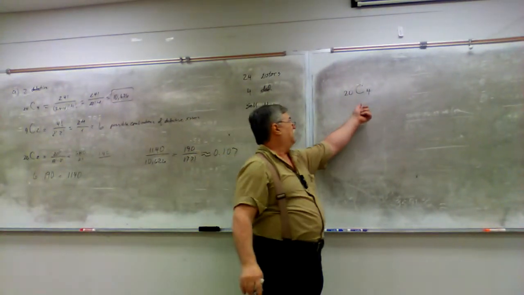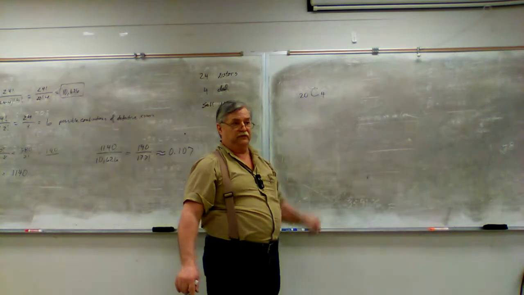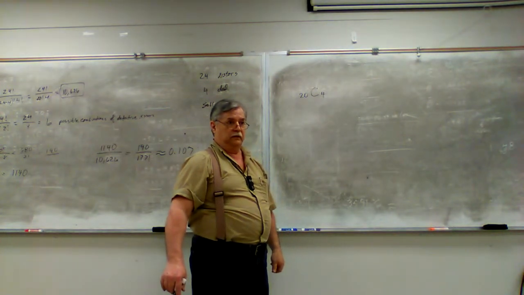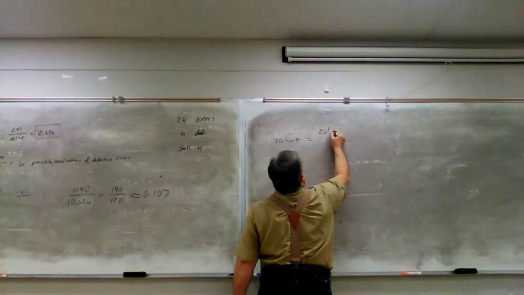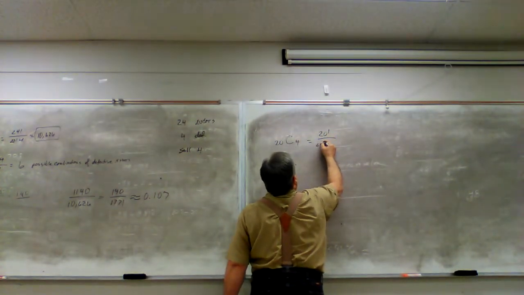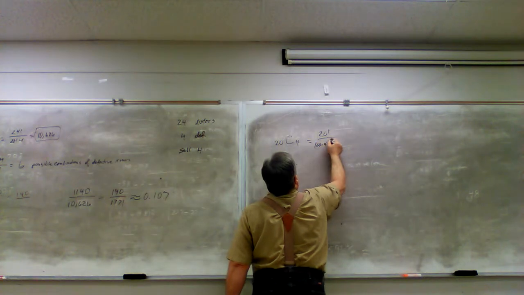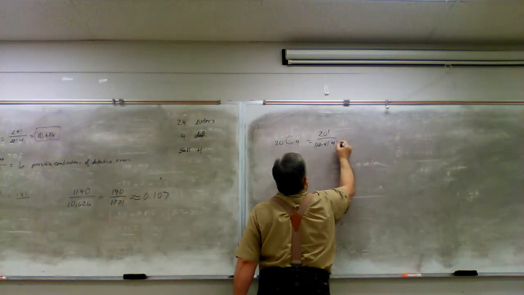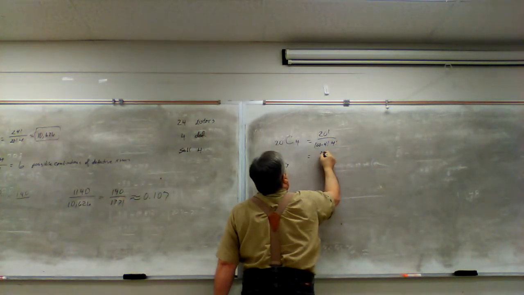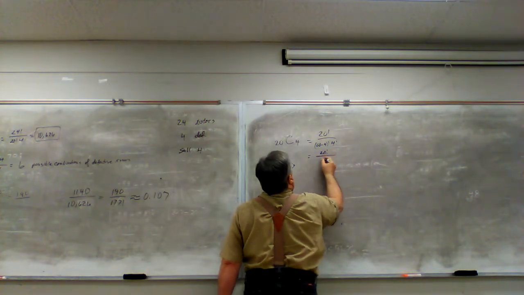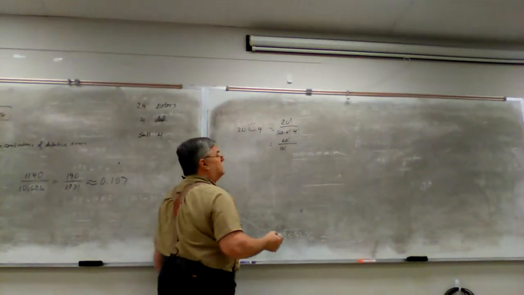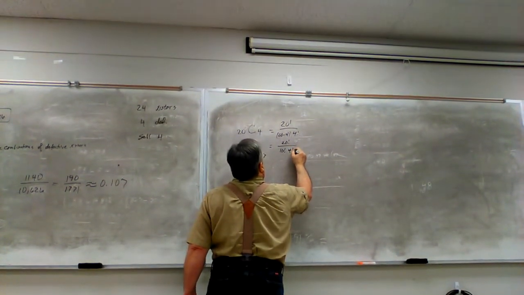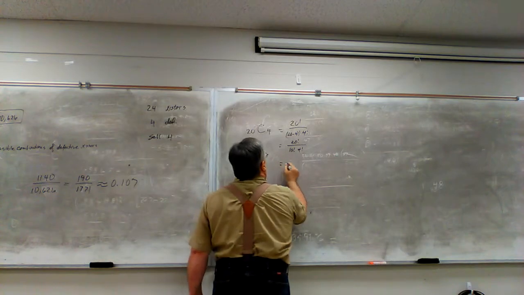So how many combinations of non-defective transistors are there? 20 factorial over 20 minus 4 factorial times 4 factorial. That's 20 factorial over 16 factorial times 4 factorial. Is that right? 20 minus 4 is 16.